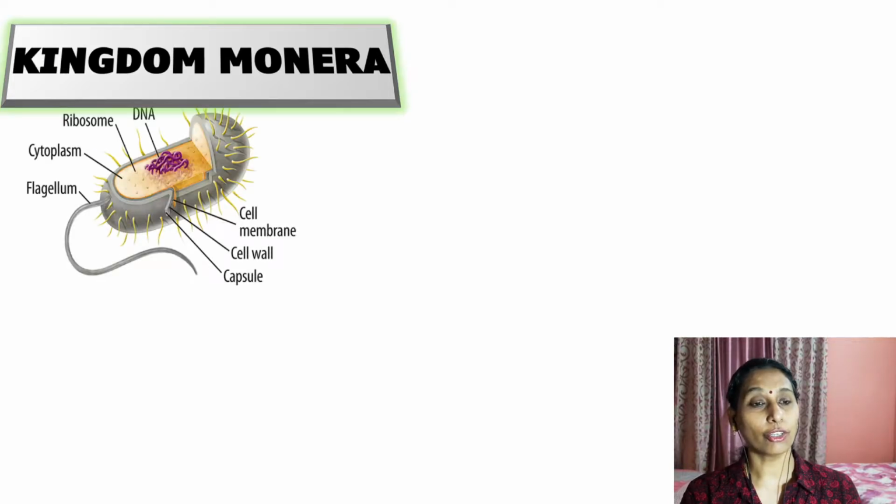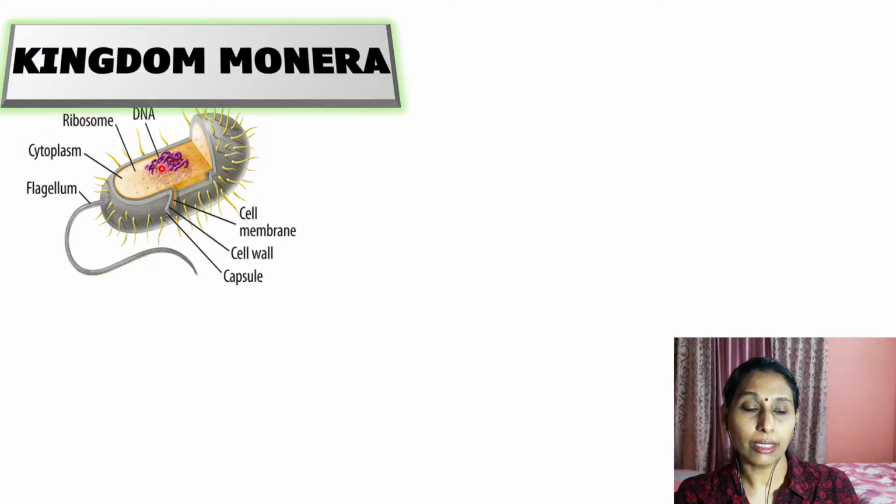These are the first organisms to originate on the earth. So they have the simplest body design. They are called the prokaryotes. Okay. So look at the picture here. This is a simple diagram of a simple moneran. It has a cell wall, it has a cell membrane, and you can see inside the cytoplasm there is no nucleus.